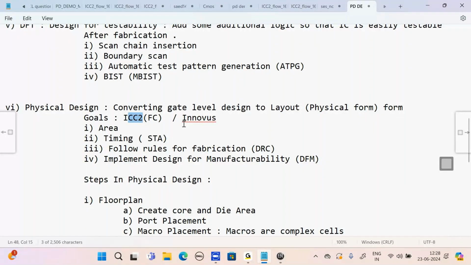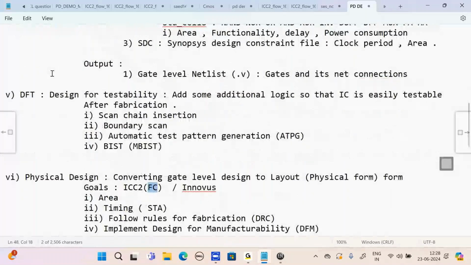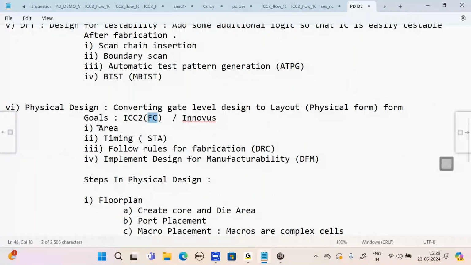Don't get confused. Industry is using Fusion Compiler and the institute is telling ICC2. It comes with a complete license, all in a single bundle, like the license for synthesis and the license for physical design. But we have separate licenses because companies have huge investment. These tools are not simple to purchase. Tools are very costly, like 30 lakhs for 20 users.